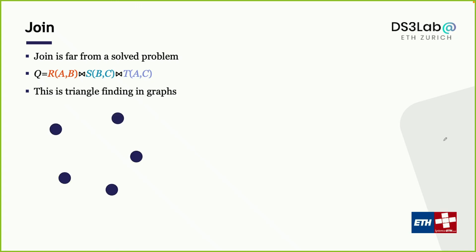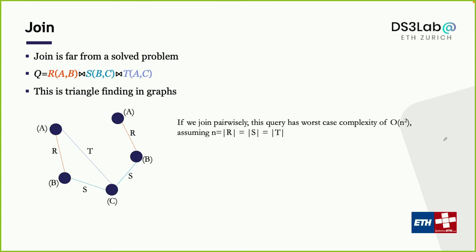When you have this type of join, the relation R stores the edges between different types of objects, S stores another type, T stores another type, for example. In this case, doing this three-way join is essentially trying to find all the triangles in the graph. That's actually a very hard problem.